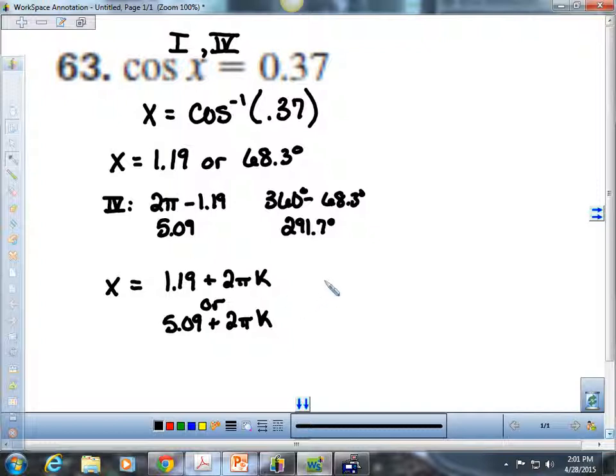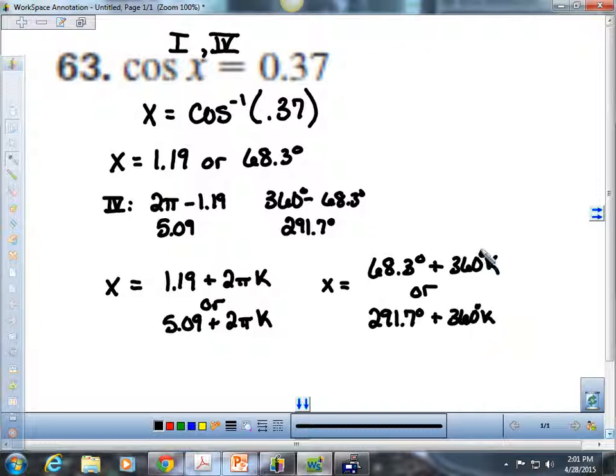In degrees, you would have told me x can equal what? 68.3 degrees plus any 360 times k, or 291.7 degrees plus any 360 times k.